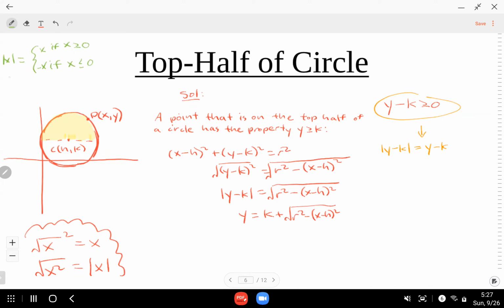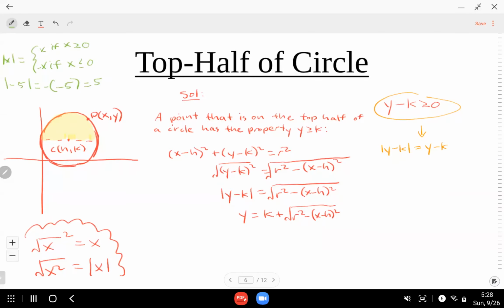Let's say the absolute value of 5. Since x is positive, that's just 5. Now what about negative 5? It's negative x if x is less than 0. Negative 5 is less than 0, meaning it's negative of negative 5, which equals 5. So that is why this works. You can definitely get rid of the bars of the absolute value.